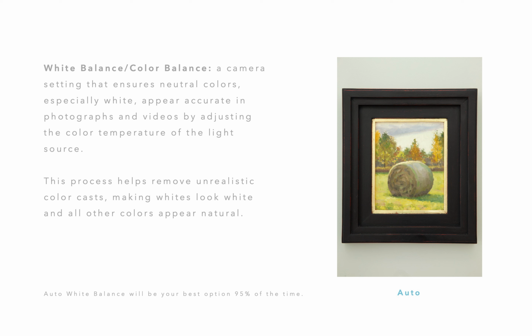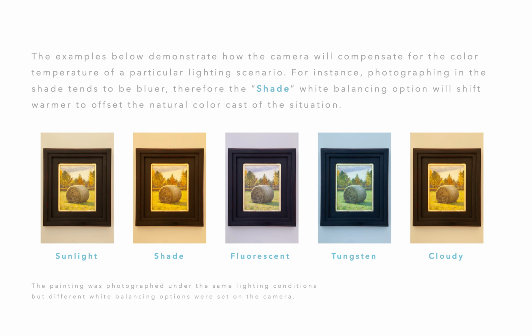Now, there might be instances where it's a little bit off, but that's where the photo editing program we have at our disposal will allow us to fine-tune it so that it matches as faithfully to our actual original work. Now, if you are using a more manual camera, we do have a number of different options that are inherently built in.